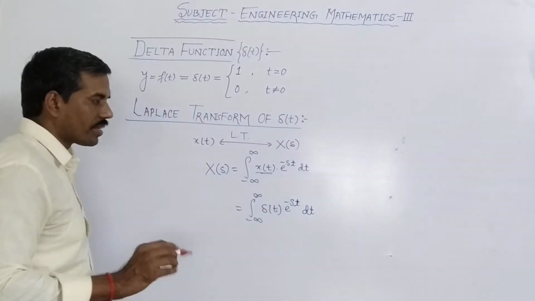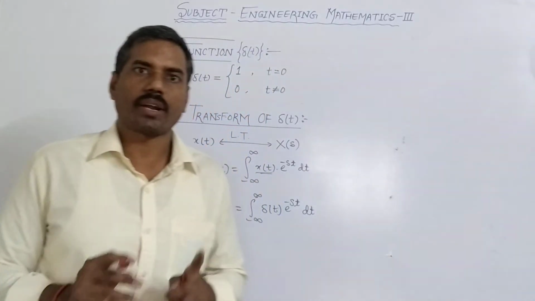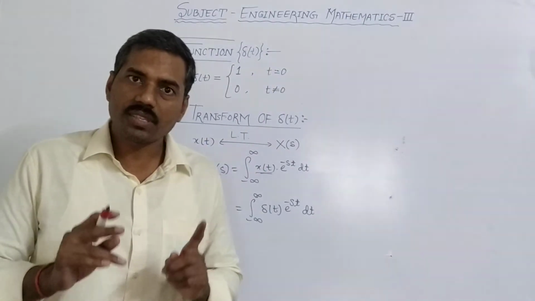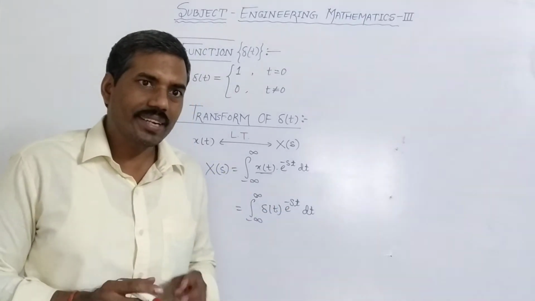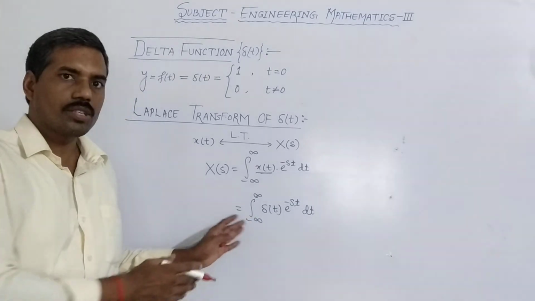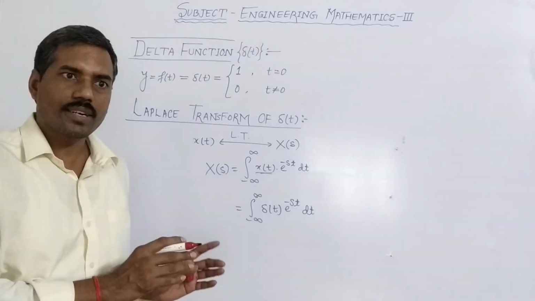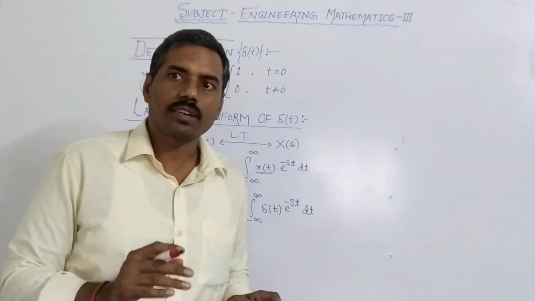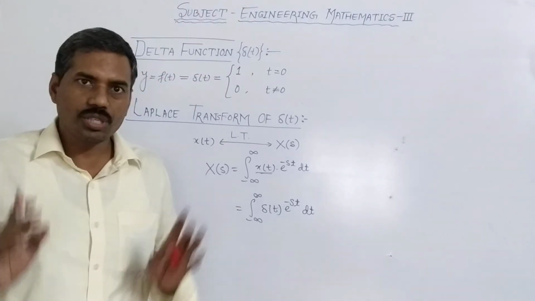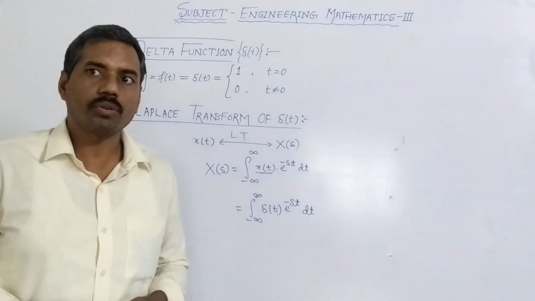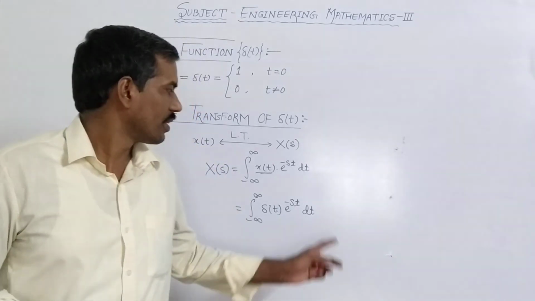And since delta t is defined at only one point, which is t is equal to 0, we do not have to integrate this function. Understand, students? Since delta t is defined at one and only one point, t is equal to 0, there is no requirement to find integration with respect to t.